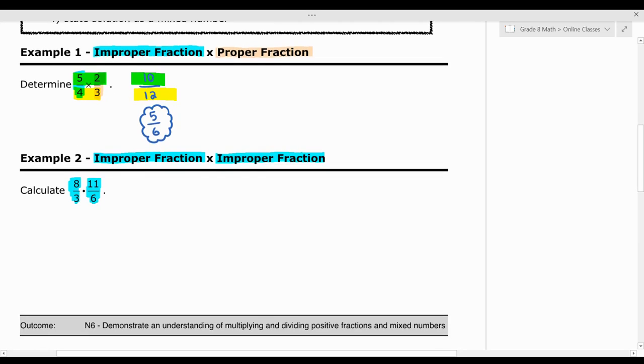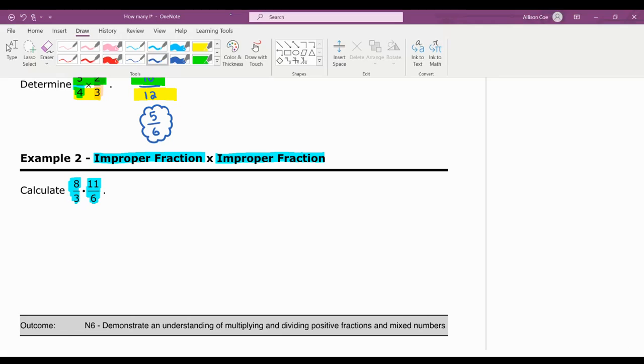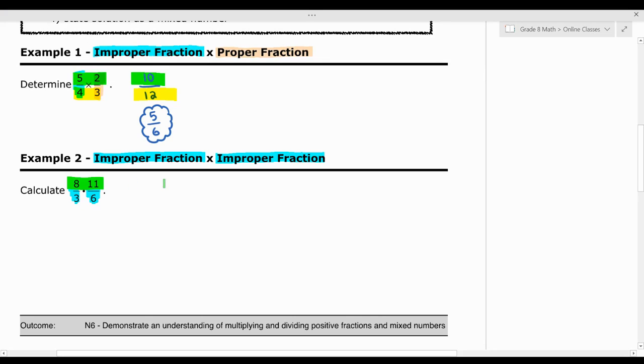Example 2, same idea. I have 2 impropers this time, 8/3 and 11/6. So I will multiply top times top, bottom times bottom. We would get 88/18. Again, you want to check if you could simplify this down first. So we can divide the top and the bottom by 2, and we would get 44/9.